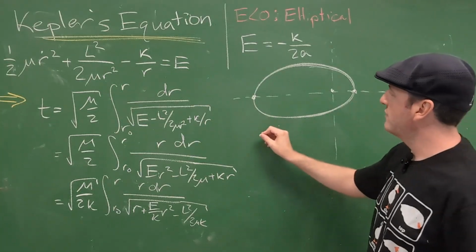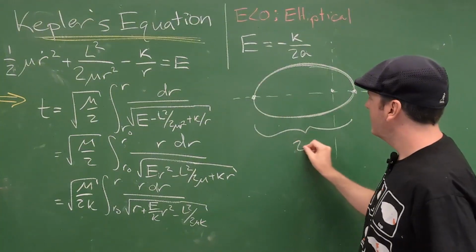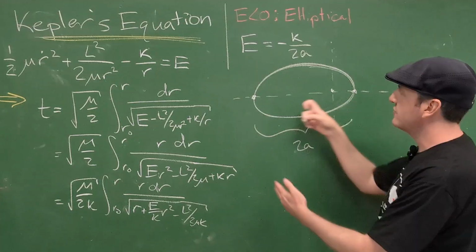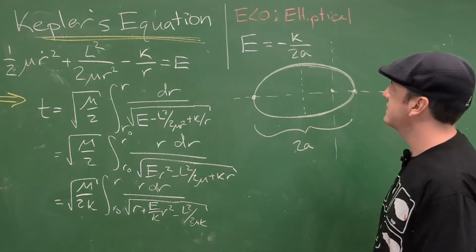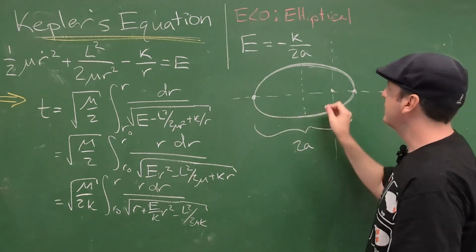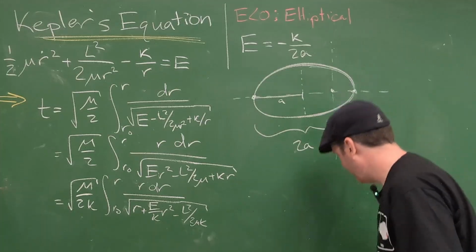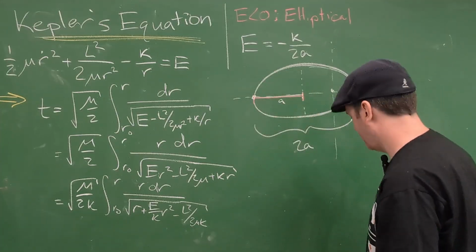And we know from our general knowledge of ellipses that this distance all the way across is often written as 2a, where a is the semi-major axis. So this is the major axis. We would also have a minor axis, and we typically label these as a. That's this distance here. Maybe I'll put that in a different color here. So a is this semi-major axis.